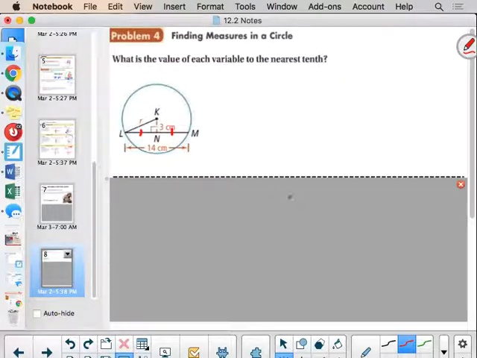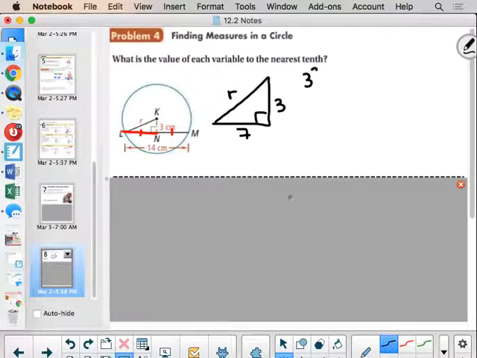If the whole chord is 14, what is the length of this tiny piece right here? If I zoom in on the triangle that we're dealing with, here's my right triangle. We now know this is 7, this is 3, and this is r. What can I use to solve for r, Tommy? Pythagorean theorem. It's kind of a big deal in this chapter, right? All right. What is my leg? What are my legs?